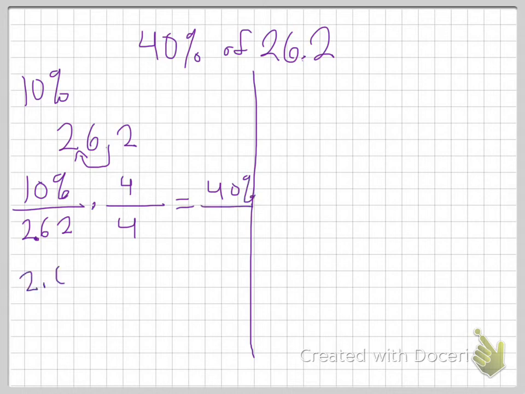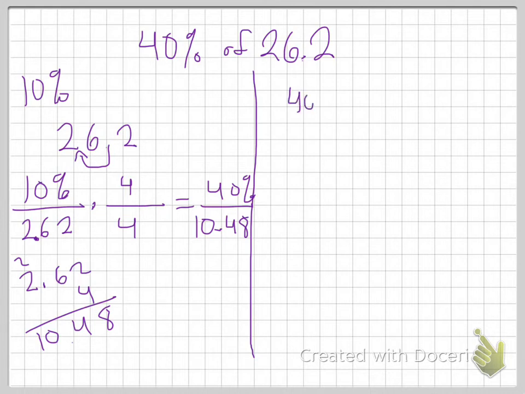And so 2.62 times 4: 4 times 2 is 8, 4 times 6 is 24, carry the 2, 4 times 2 is 8, 9, 10. So Joe would plan on going 10.48 miles.